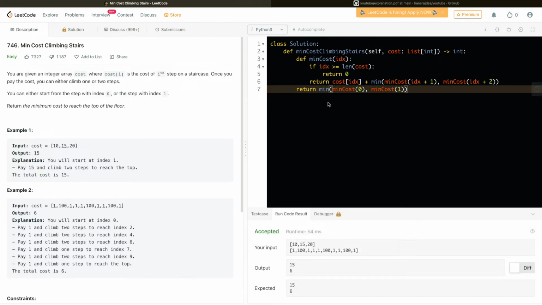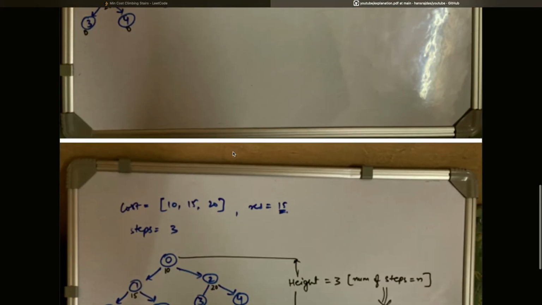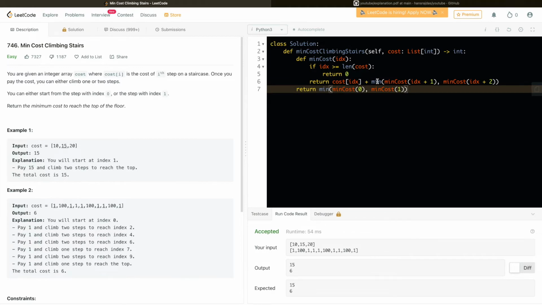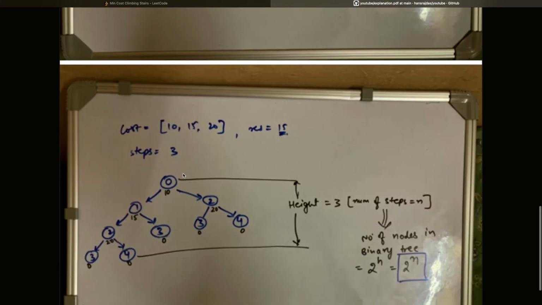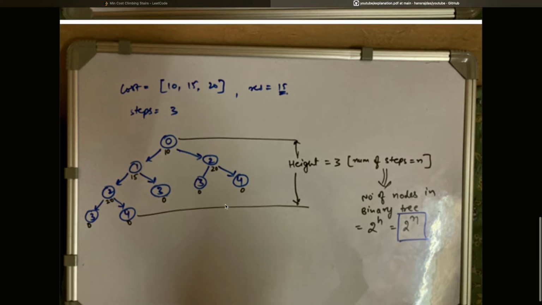But before submitting, I would like to talk about the complexity of this problem. Here we see that for each index we are calling the same function twice, which has been mentioned in this tree and this tree. From every step we are taking two further steps. We have two options.